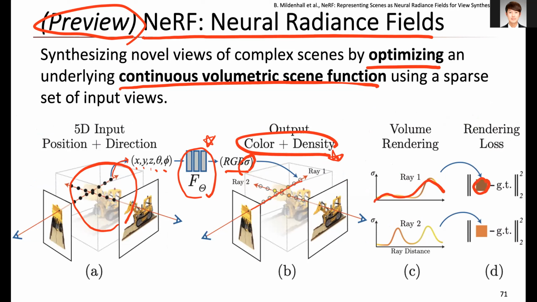Then we already know the color value, right? So by just minimizing this color difference, we can backpropagate the loss gradient to this neural network. Okay.